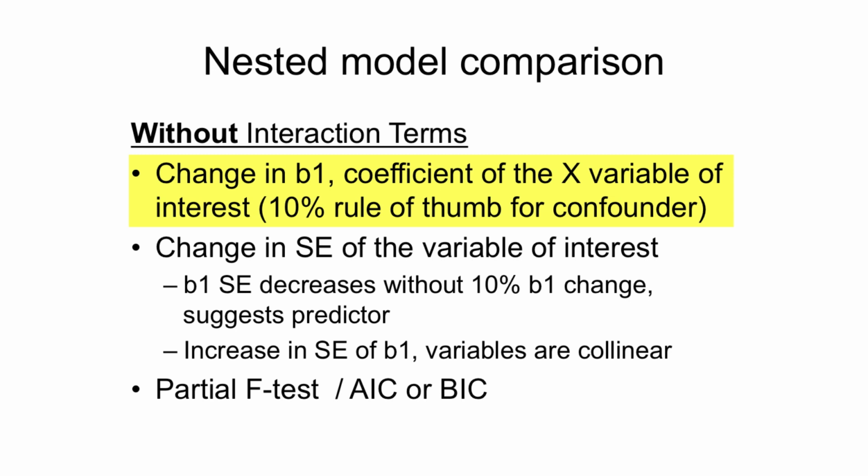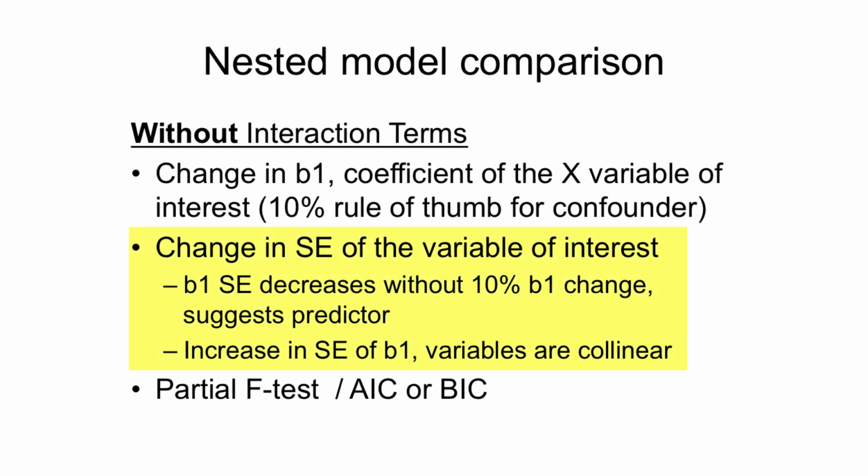And this is because we're working with logs. Examining the change in the coefficient is still informative with logistic regression, but we need to rely more on the variable meeting the definition of a confounder, so being associated with the primary explanatory variable and being a predictor of the outcome, but not on the causal pathway.